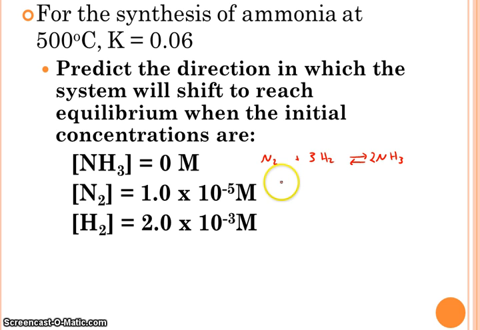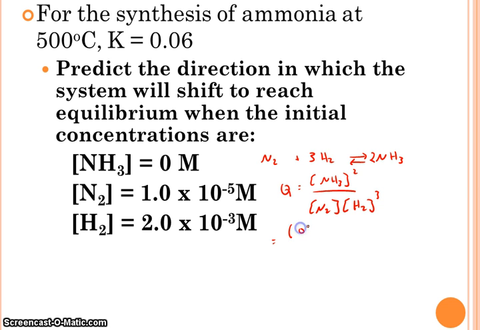And since we're dealing with concentrations and we don't know whether they're at equilibrium, we'll use the value Q. And it's going to be the concentration of ammonia squared over the concentration of nitrogen times the concentration of hydrogen cubed.